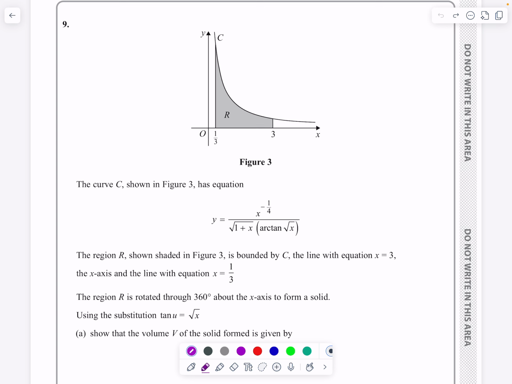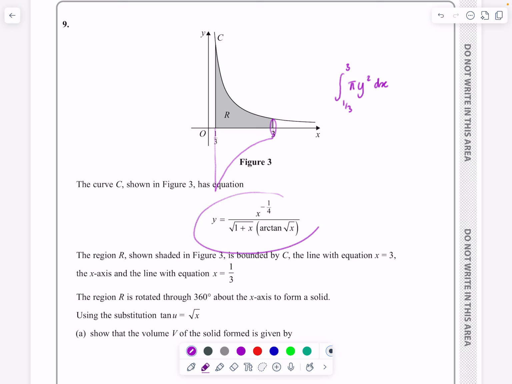So it says region R is shown in that diagram there, and this region is rotated about the x-axis to produce this volume of revolution here, and the volume of revolution is always given by the integral of pi y squared dx, and in fact we've even got the limits there between 3 and a third.